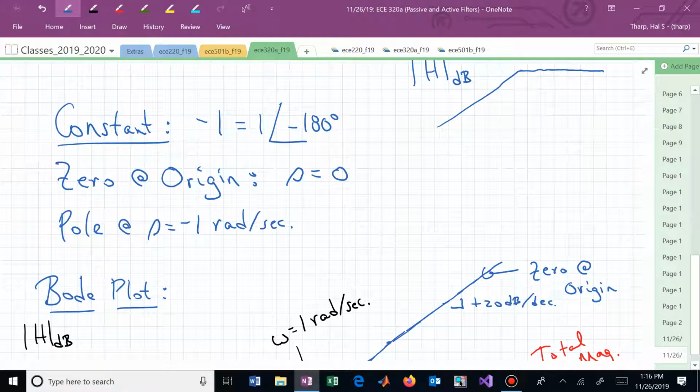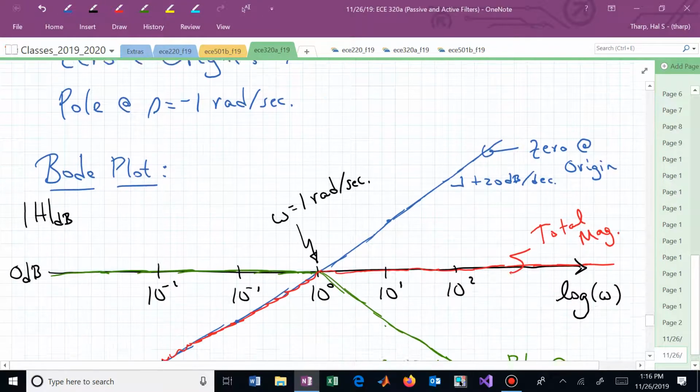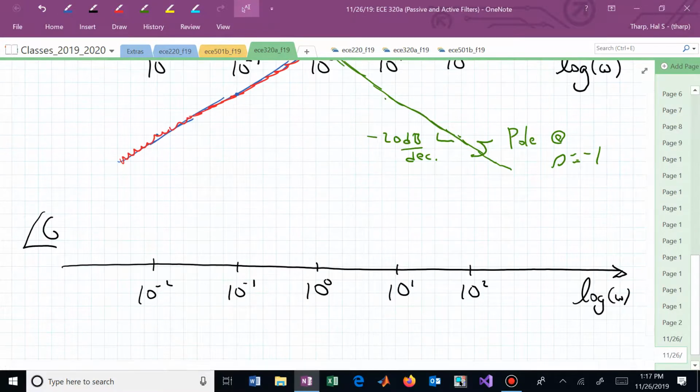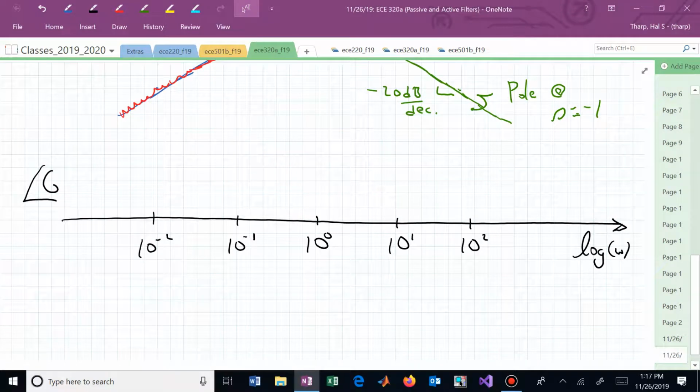Which one do I want to worry about? We have a minus 180 for the constant, and I'll just do it in blue. So now let's say that's minus 90 and here's minus 180.